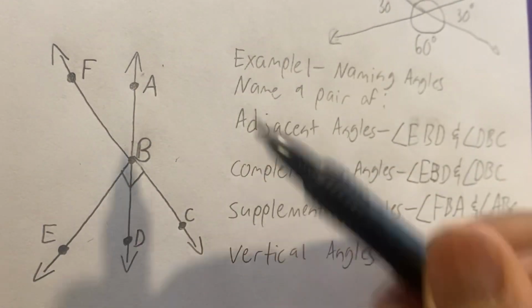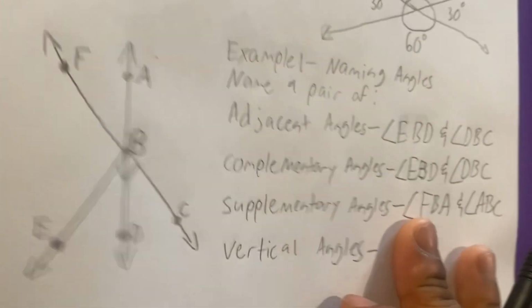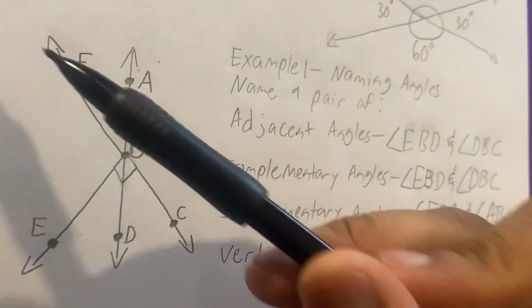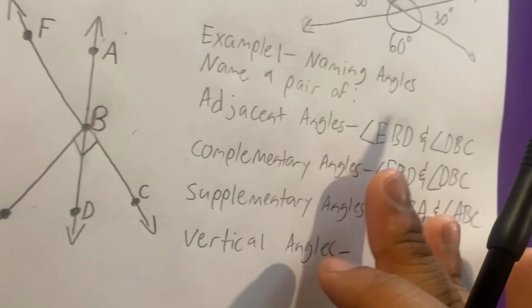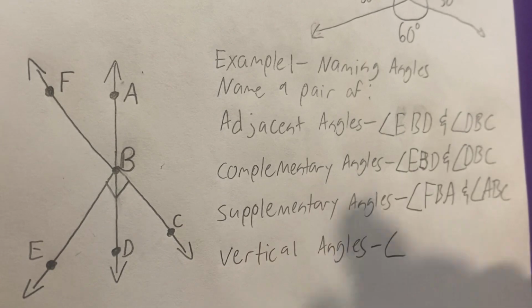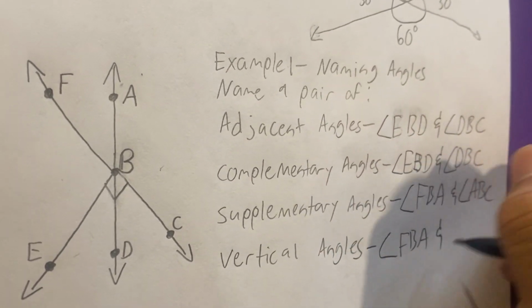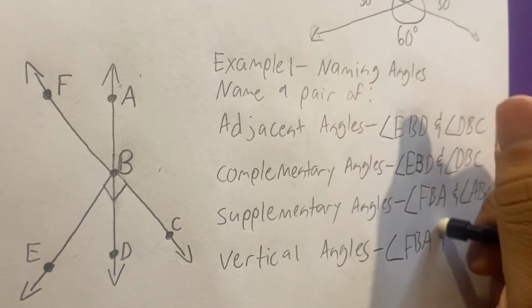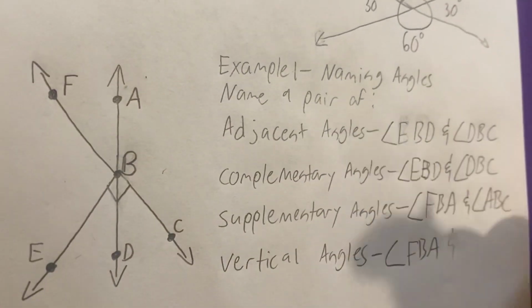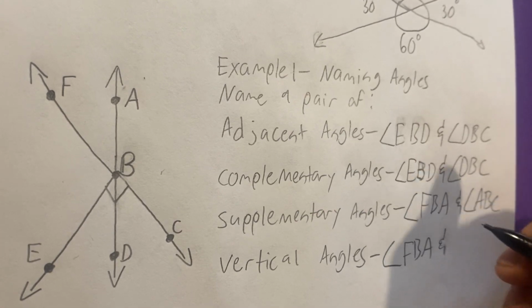So FBD and ABC are also vertical angles. But for this case, just to make it simpler, I'm going to make FBA and also DBC vertical angles. So I'm going to put FBA and DBC.